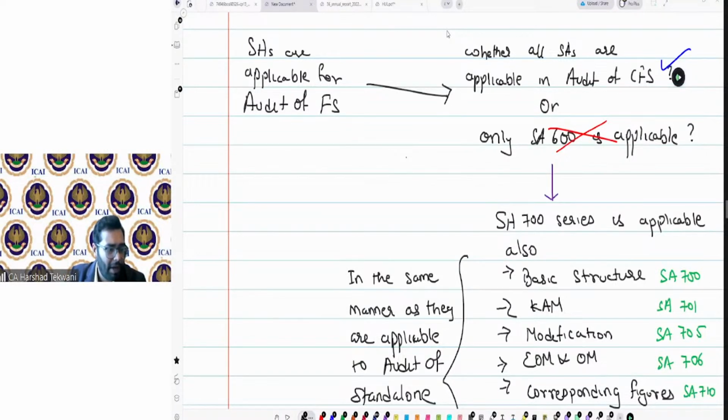Let's see how many of you can answer this question. Whether SA 800 series is applicable on the consolidated financial statement. Good Anumula. Good Venkata. Yes, Tanisha.